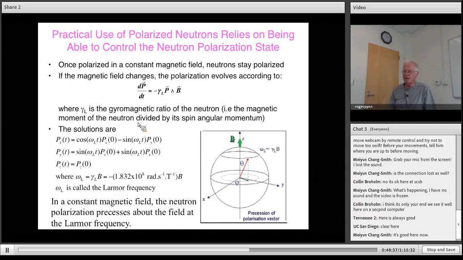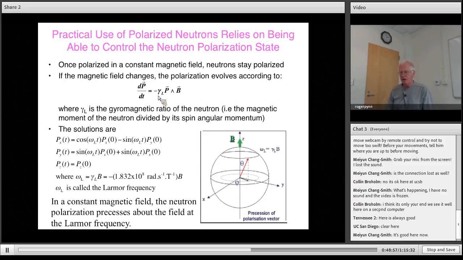If the magnetic field changes, then the polarization state of the beam, this vector P, is going to obey this vector equation here, where this gamma L is called the gyromagnetic ratio of the neutron. It's the ratio of its magnetic moment to its spin.